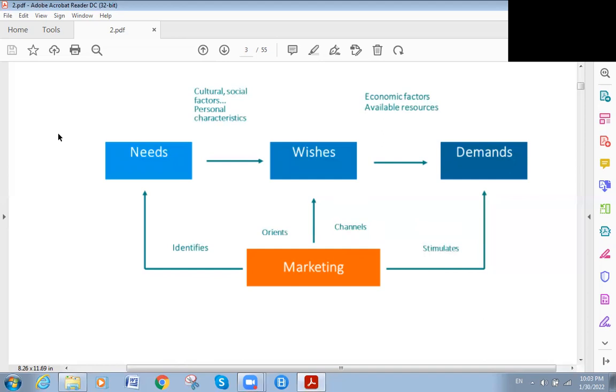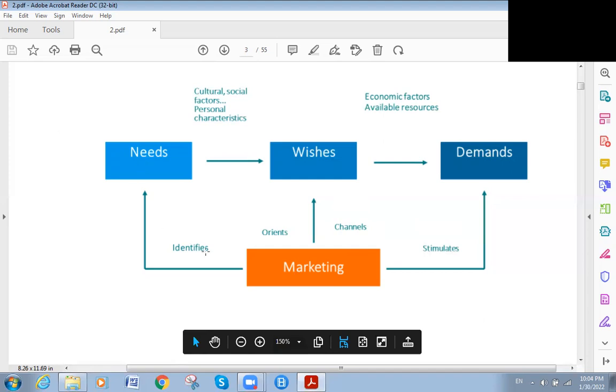So exchange of what? The money for satisfying the needs. This is a real point. So start always with the needs and wants and the wishes, then the demand. Like you see here, the marketing identifies the needs, marketing orients the wishes, and marketing stimulates the demand. Those are the main points which we could talk about in this point as well.